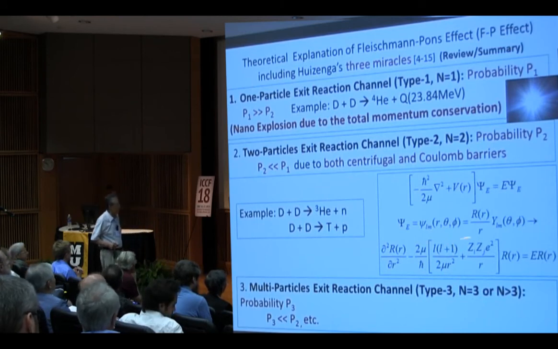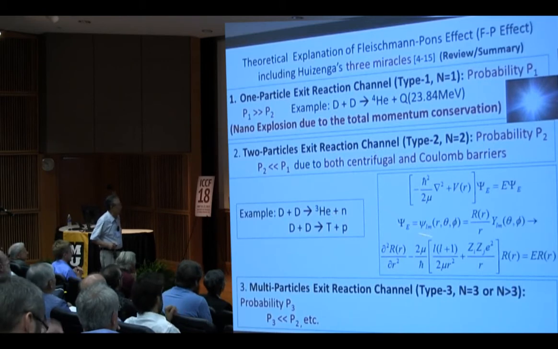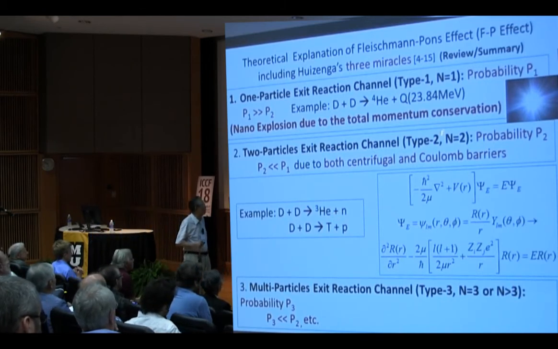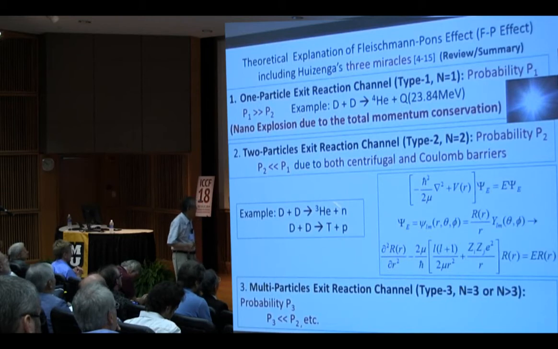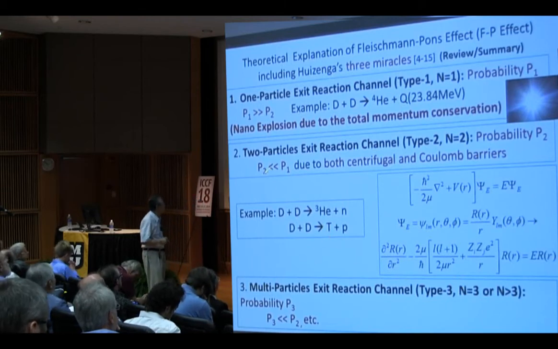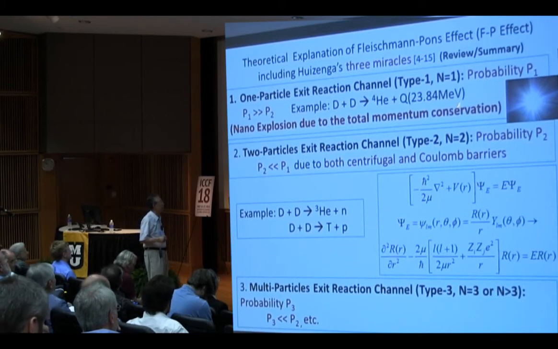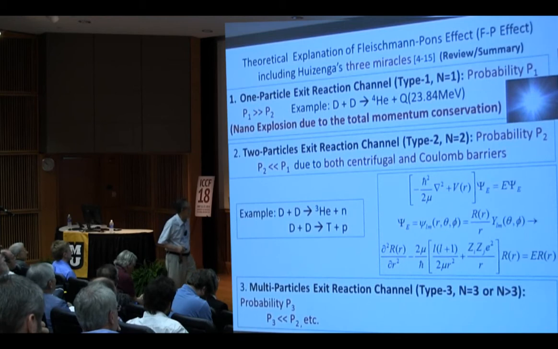So they have to penetrate those two barriers to get to this state, and that causes a drop in probability compared to this case. You don't have that problem here. So if you take the probability here as 1, the probability for those channels could be much, much less. That's the explanation based upon our theory for the Fleischmann-Pons effect.